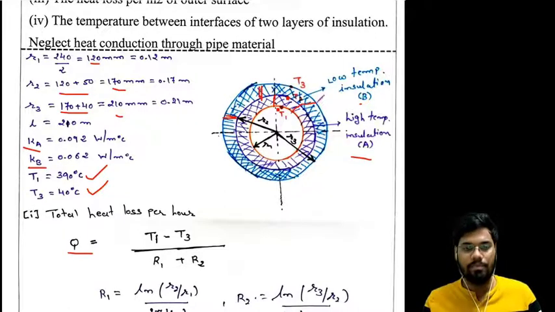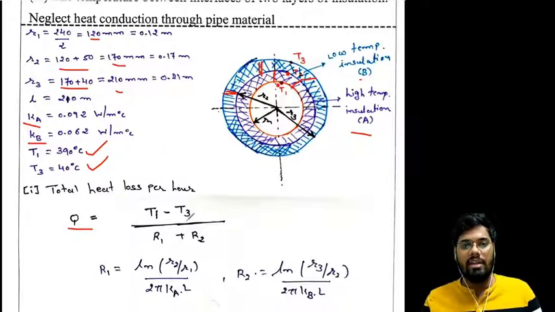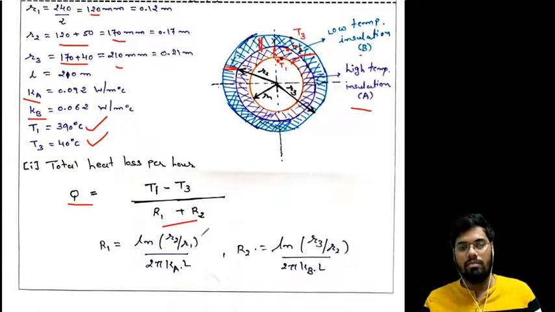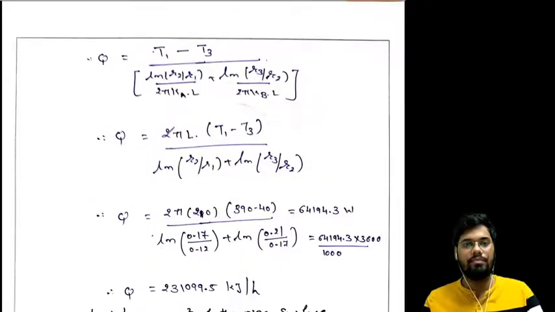The resistance equation for a cylinder is ln R2 by R1 upon 2 pi Ka L, and for the second outer layer the resistance would be ln R3 by R2 upon 2 pi Kb L. Putting the values of R1, R2 and R3 in this equation, we would get this kind of equation.